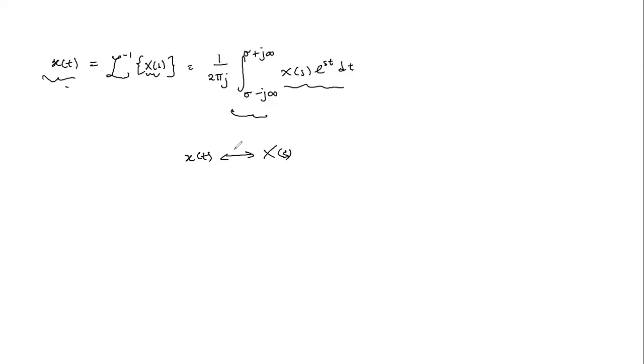Now, using this formula could pose some difficulties. So it should be noted that it is more convenient to use transform pairs or partial fractions for the evaluation of the inverse Laplace transform rather than this formula. Well, we're going to play with some examples shortly.